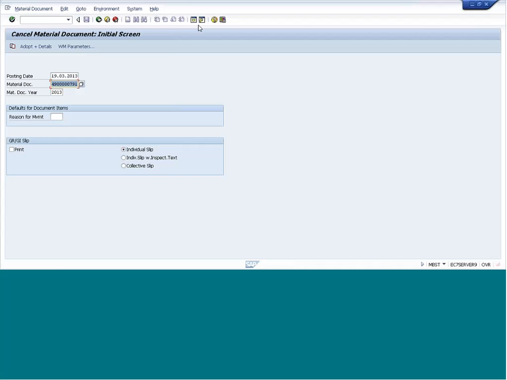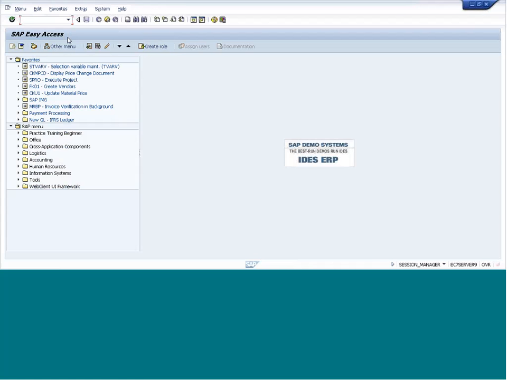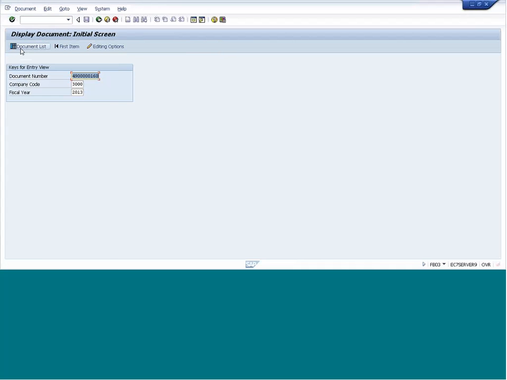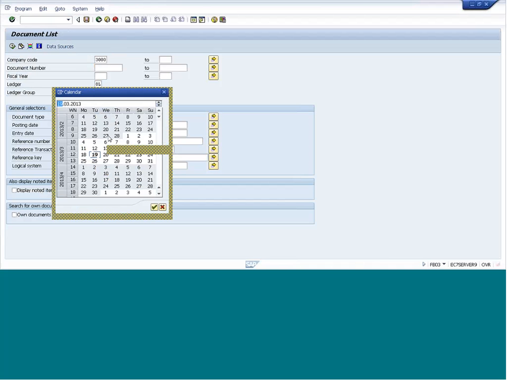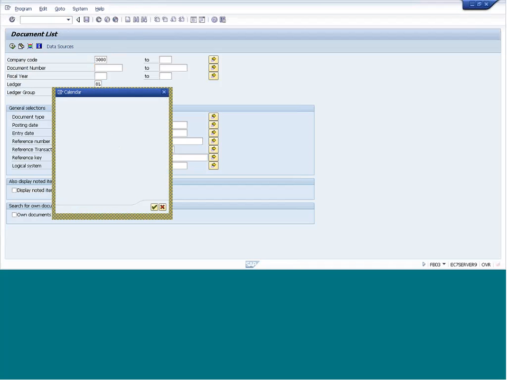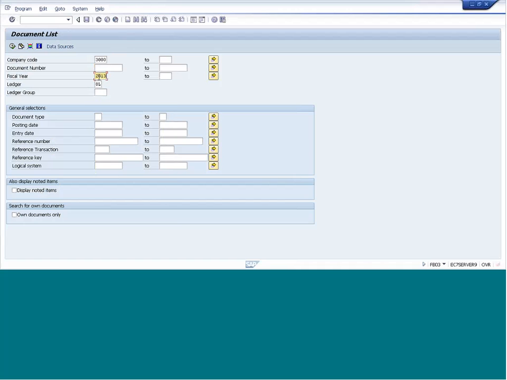Let's go and find out what documents are posted today, so that I can find the very first one. Let's say entry documents today, and fiscal year is 2013.